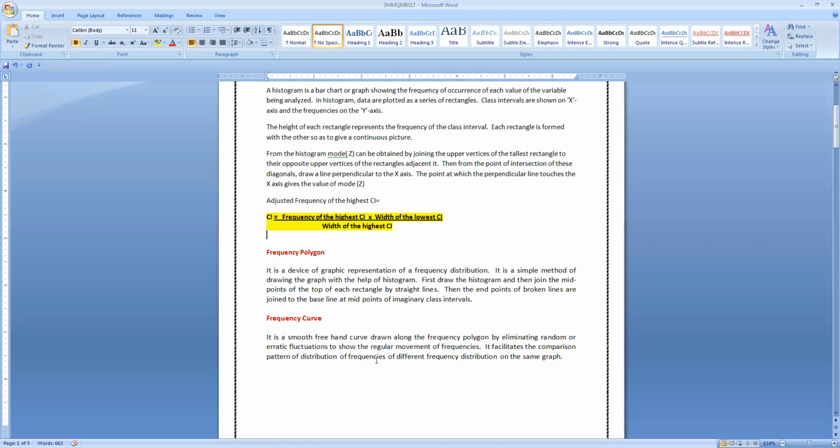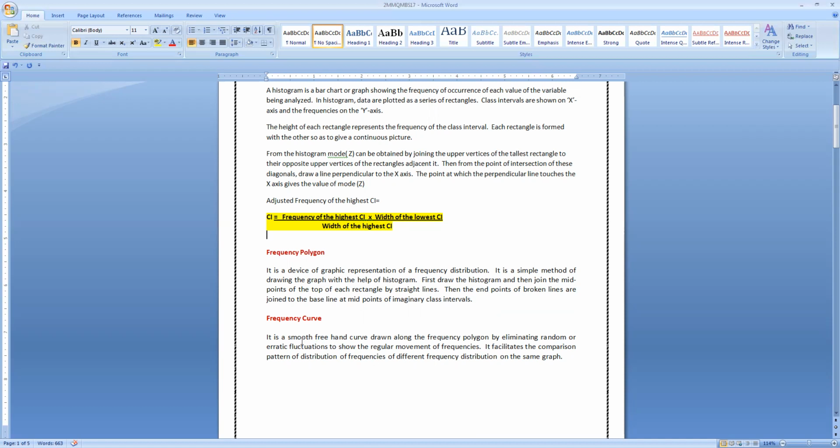So first we draw the histogram, then the center points are joined by straight lines, connecting each center point that we have marked on the histogram, using a scale.